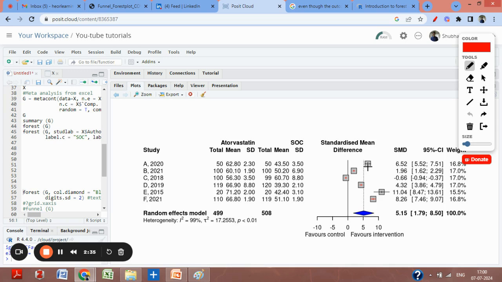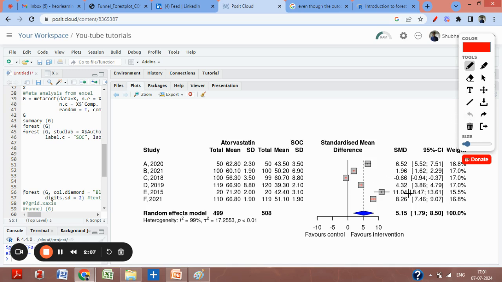Let's do one thing. Let's go through another forest plot which might be helpful for your understanding, because over here the size of all the boxes is more or less the same. That usually doesn't happen, because as the weightage is similar across the studies, the size of the box is also the same.